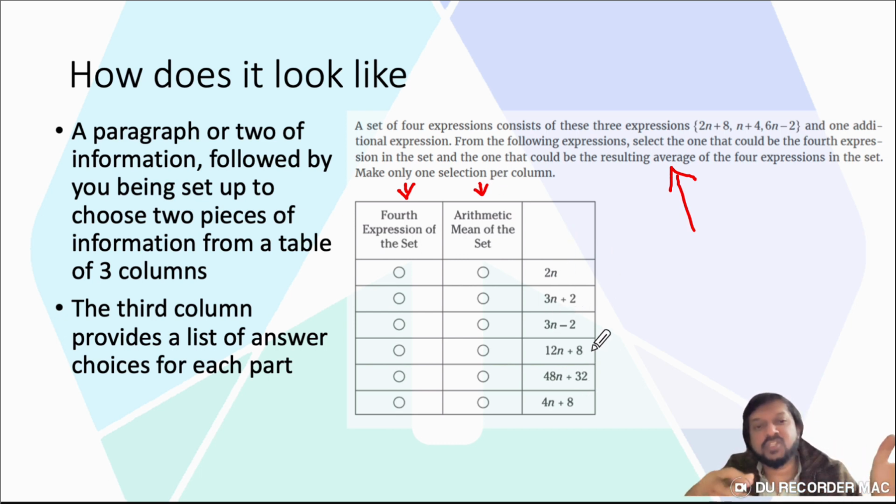So you'll have to check out which bubble to fill up for column 1 and which bubble to fill up for column 2. But please remember that the answer to both column 1 as well as column 2 is available out of any one of these numbers. So there is nothing from outside. This is how a typical two-part analysis question looks like.